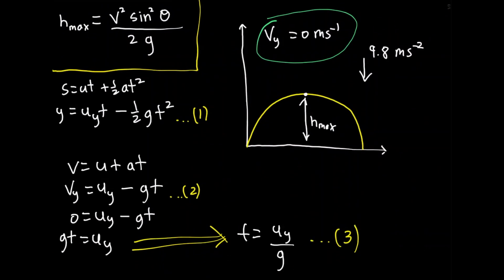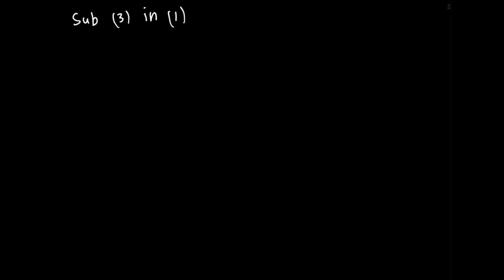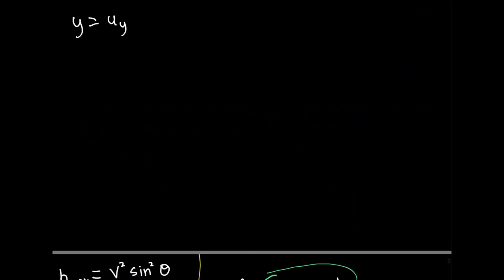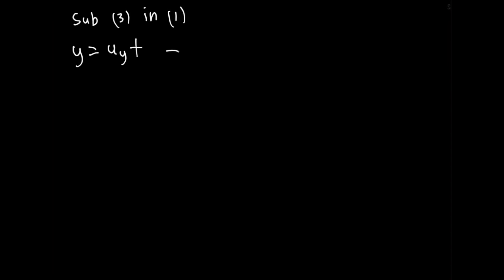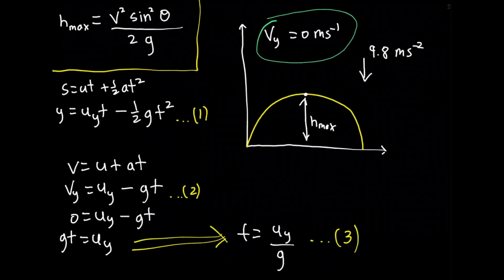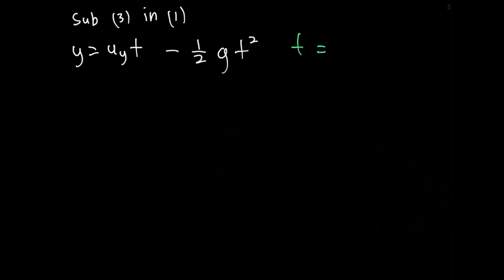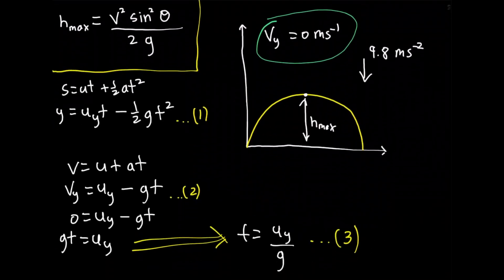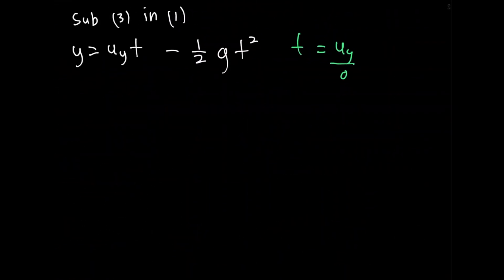So now let's write equation 1 down. y is equal to u in the y direction, or initial velocity in the y direction, times time minus a half gt squared. Now we'll sub in t is equal to uy over g.